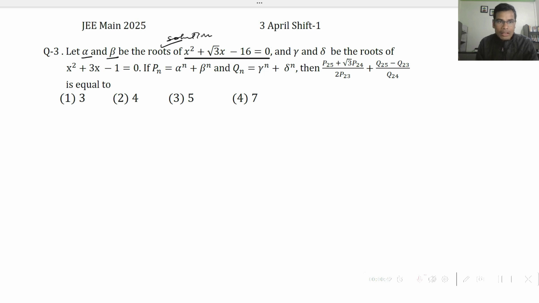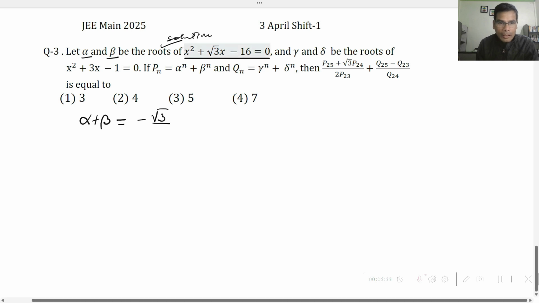So now if we are using the relation between the roots and the coefficient of this quadratic equation, then we will have the sum of the roots, that is alpha plus beta, equal to minus coefficient of x, which is root 3, by coefficient of x square, which is 1 here.